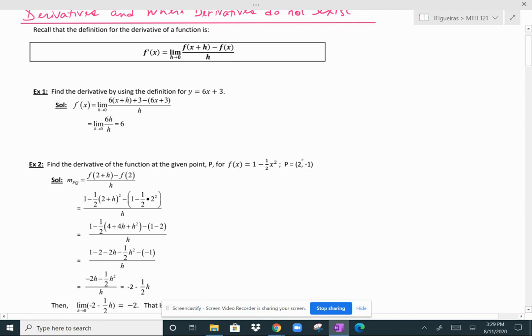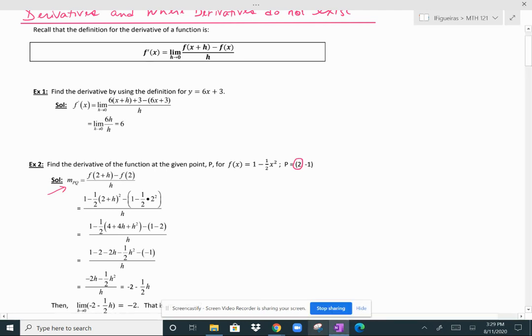I'm going to replace the x with 2. So instead of x plus h, I'm going to have 2 plus h here when I'm actually using the definition. So that's the work that you see here. And remember, that will be the derivative, which is basically the slope of the function at a particular point.